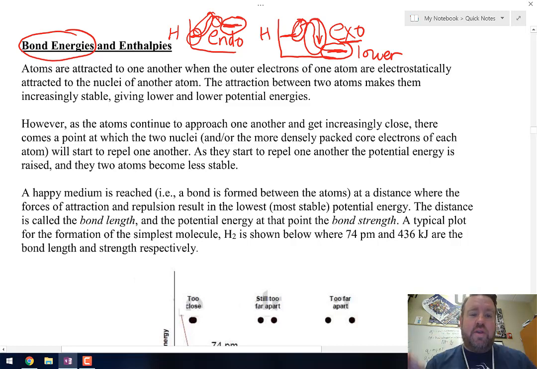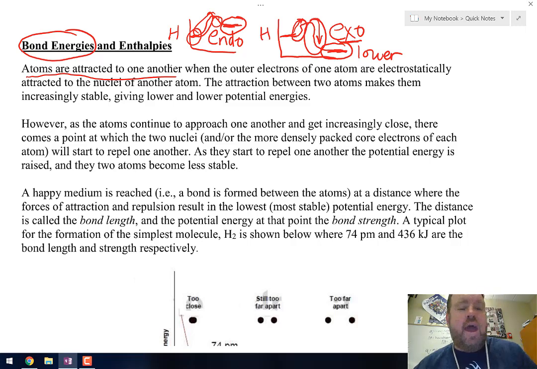So we know that in a bond, atoms are attracted to one another. The outer electrons of one atom are electrostatically attracted to the nuclei of another atom. And again, the attraction between those two atoms makes them increasingly stable, giving them lower and lower potential energies.